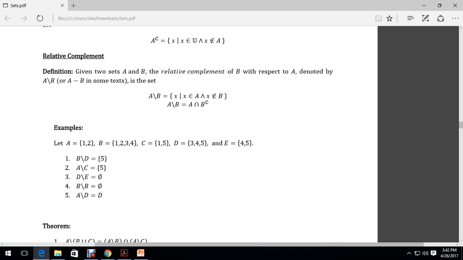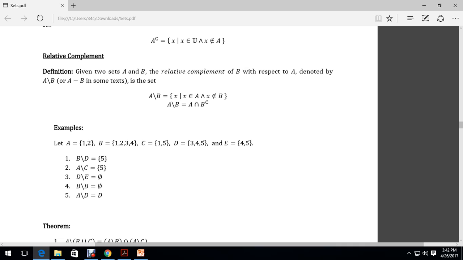We have the first one, the relative complement of D with respect to B. Applying the definition for this example, you take notice of the elements of D, 3, 4, and 5, and with respect to the elements of B, 1, 2, 3, and 4. Now the answer for the relative complement is simply the set of elements of D that does not appear in the set of elements of B.